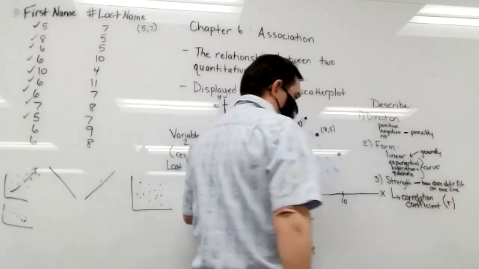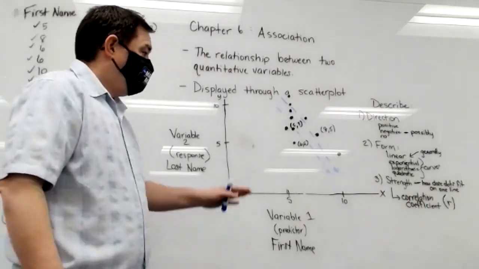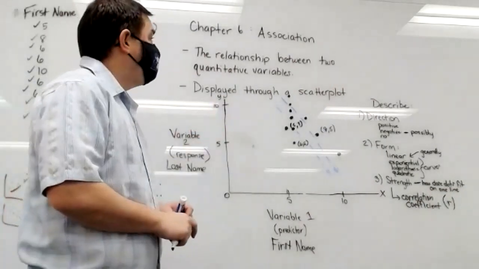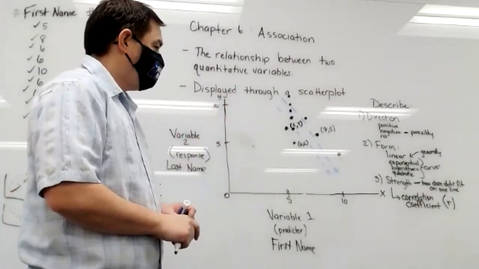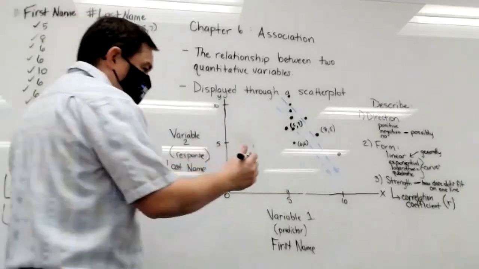This value is R. Anytime you see little r in statistics, we're talking about the correlation coefficient. And R specifically measures the strength of an association.